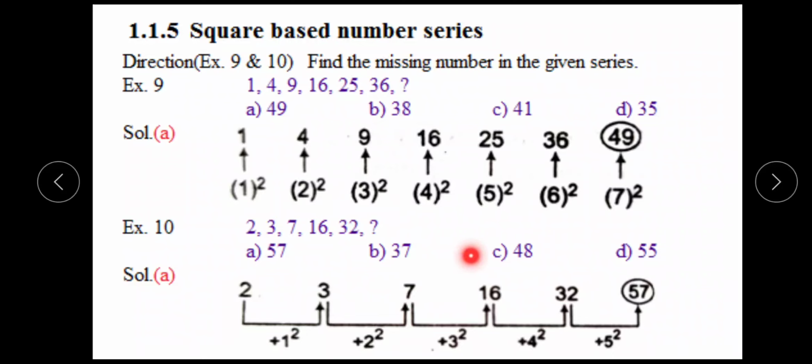Between the third and fourth term there is a gap of 9, that is square of 3. It means the next gap will be square of 4, and the next gap will be square of 5. It means we will add 25 to 32. That time we will get 57. The first option.